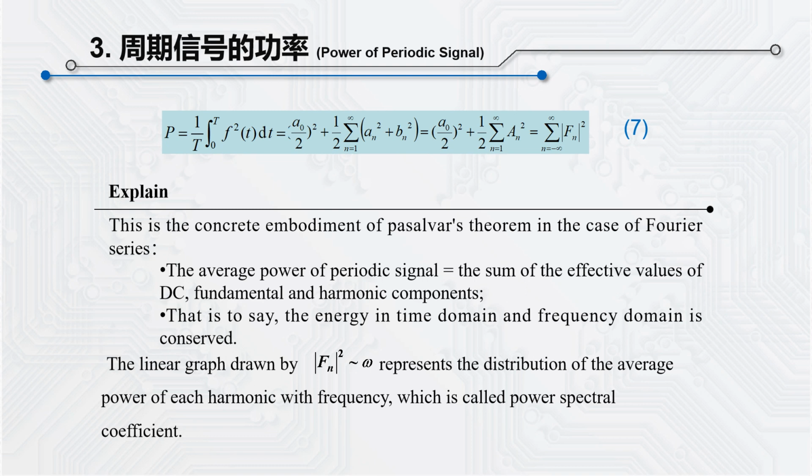The energy in the time domain and the frequency domain is conserved. If you draw a line graph of the relationship between the square of the absolute value of Fn and omega, it can represent the average power distribution of each harmonic with changes of frequency. It's called the power spectral coefficient.